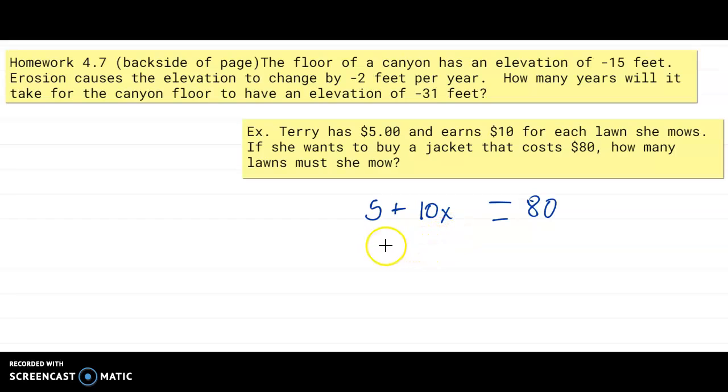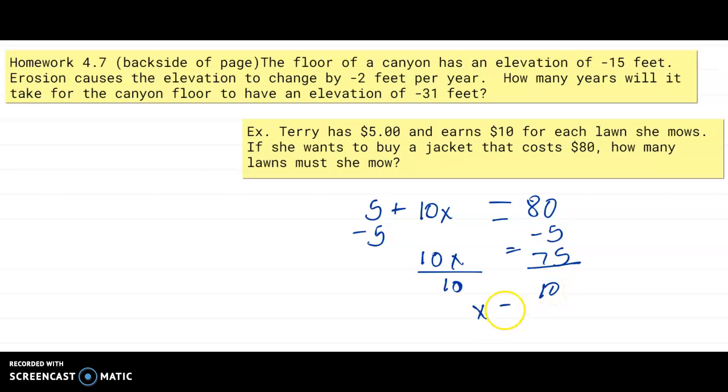Our goal is to isolate the variable. So step 1 is to reverse any subtraction or addition. I'm adding 5 here, so I'm going to subtract 5. And what I do to one side, I do to the other. So then I'm left with 10x equals 80 minus 5, which is 75. Then I'm going to divide both sides by 10 because my goal is to isolate the variable.